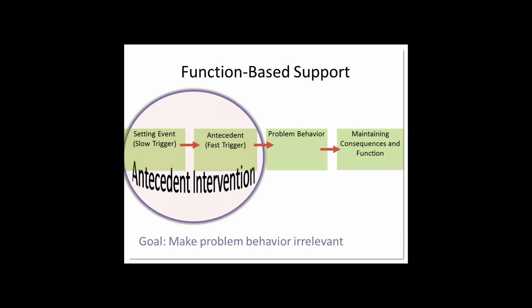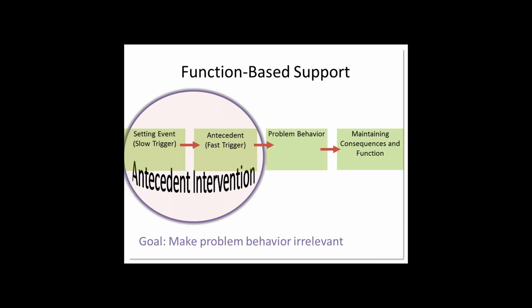Whereas out of this brief FBA, part of that behavior intervention plan may be a small group intervention that you're going to use, and then you're going to track that student's performance using your DPR to see how they are doing. Whereas out of your complex FBA, it might be that they're in a group.